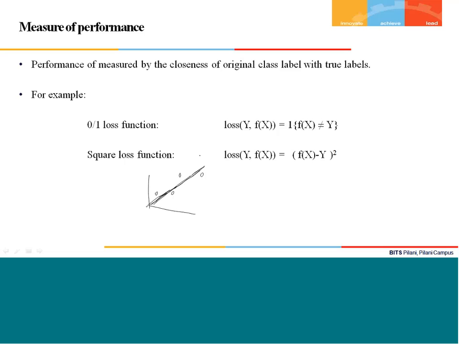This is x, and according to this line, this should be the value of y. But the real value of y is this, and the predicted value of y is this. So this is the difference between the prediction and the true value. For this point, this is the difference, and for this point, this is the difference.